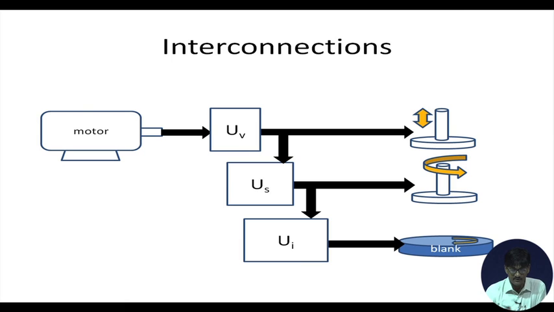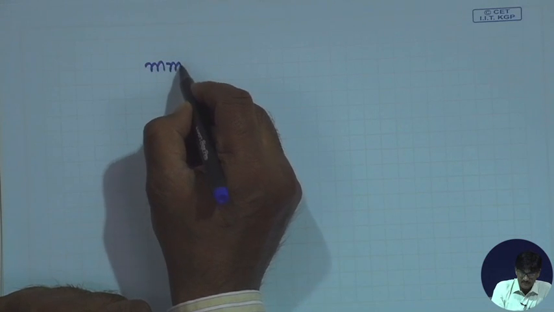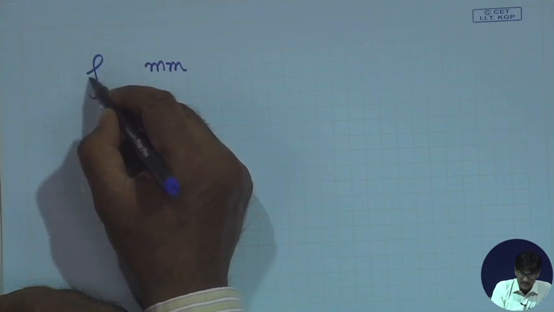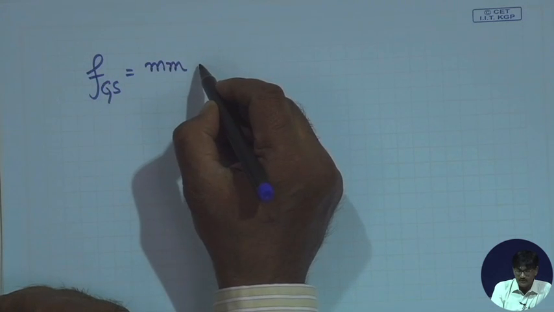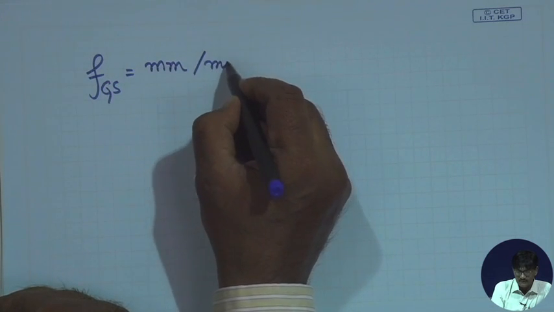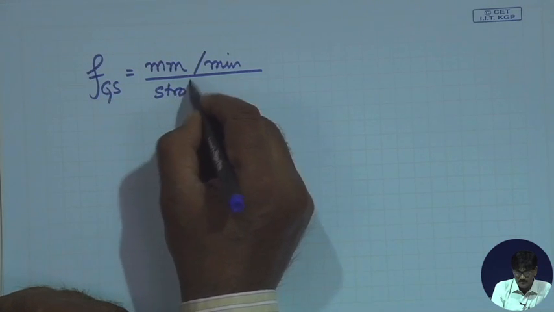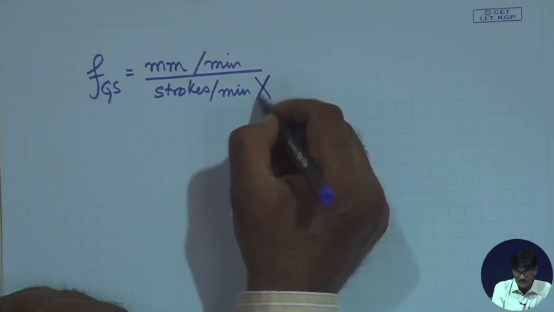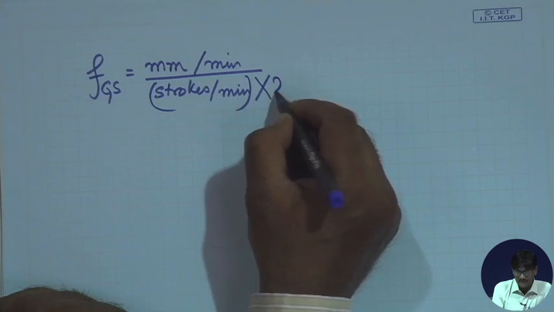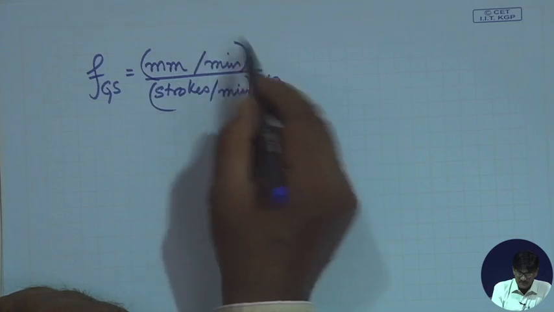If you kindly have a look here, the feed in case of the gear shaper is millimeters per minute by strokes per minute. Strokes per minute is getting doubled.